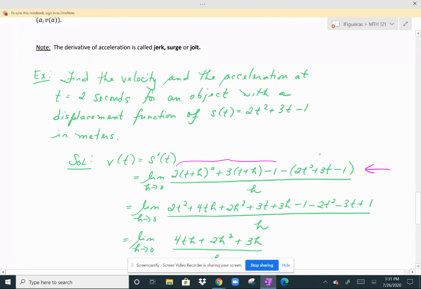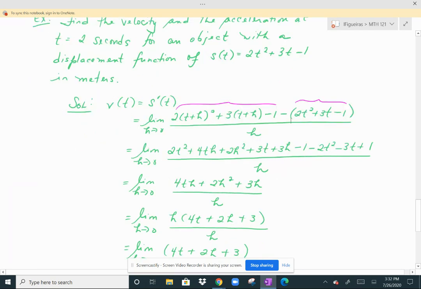And then minus s of t, well, that's what you see here, and you need parentheses because you have to distribute that negative. Then the rest of it is just a lot of algebra, expanding and combining like terms. So on this line, I FOILed and distributed the 2, and I also distributed the 3 here, and I distributed this negative across the trinomial.